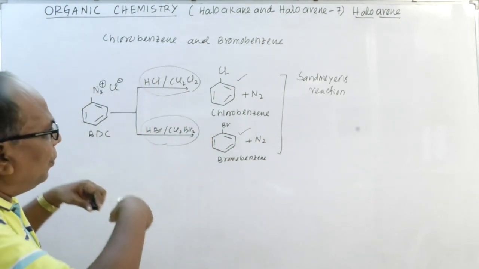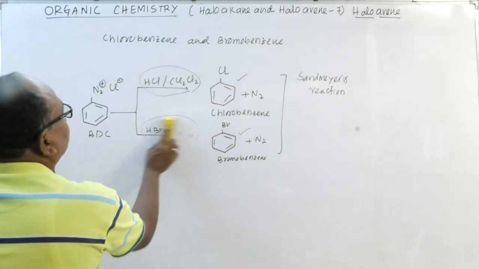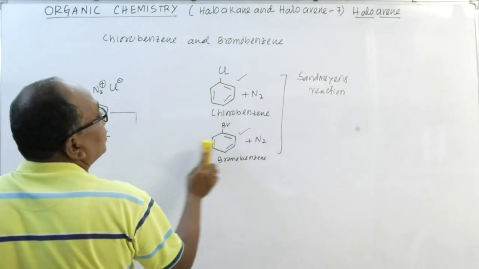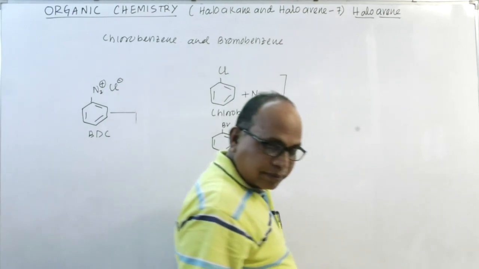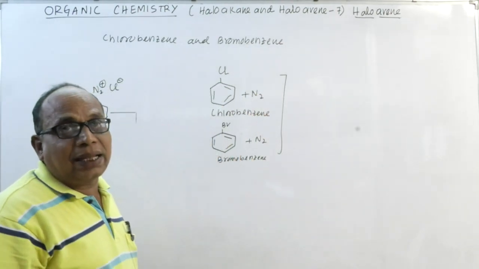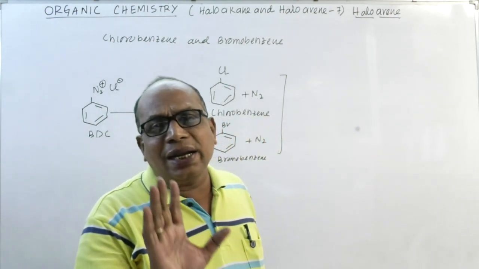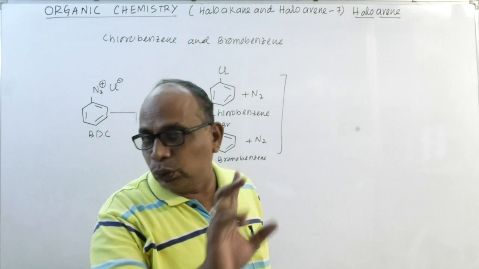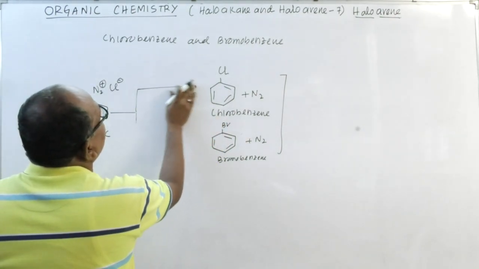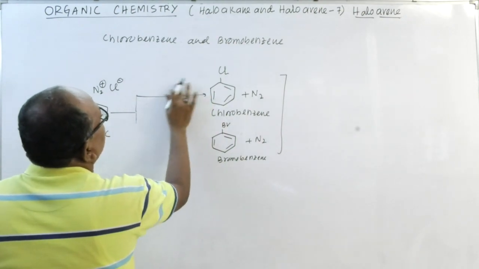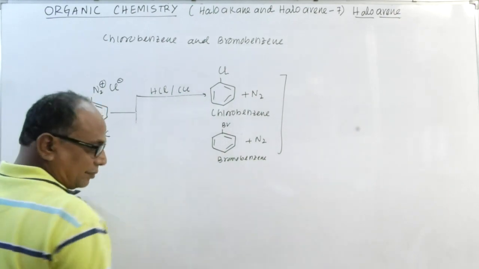Next, this can also be converted into chlorobenzene and bromobenzene by another method, that is called Gattermann reaction. In the Gattermann reaction, the starting material is the same, the product is the same, only a slight difference in the reagent you use. Here you are using HCl in presence of copper powder.